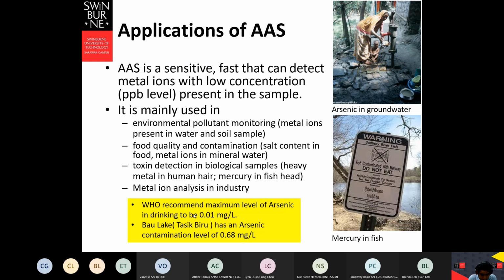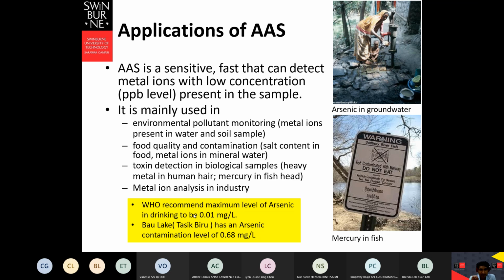This is a very reliable and sophisticated process to find out the metal concentration in parts per billion. That is thousandths of a million, hundredths of a million concentration.